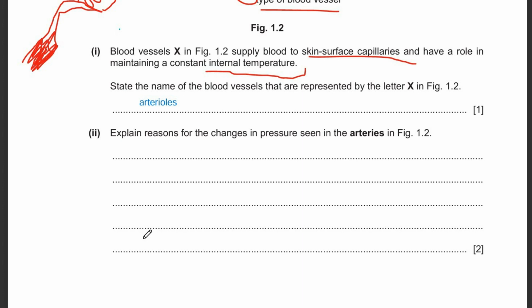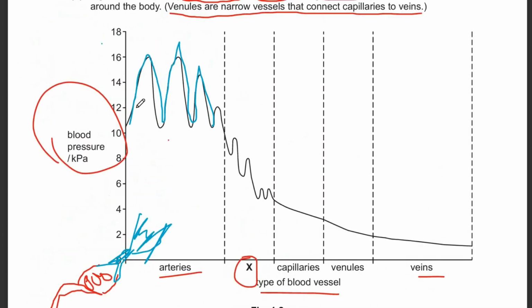Such changes in pressure are caused by the contractions of the elastic muscles present in the heart, the ventricles. Basically, when the ventricles contract and pump the blood throughout the body, the pressure increases and there is a pulse. See this pulse. This means that the pressure is increasing and the heart has pumped the blood to the body.